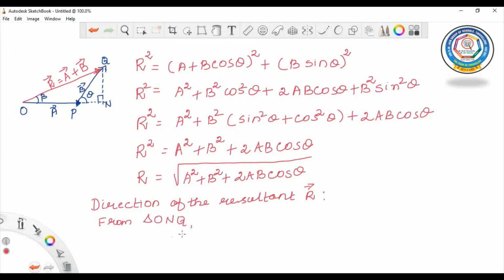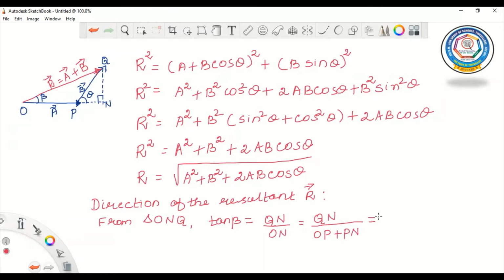What is tan beta? Tan beta is equal to QN divided by ON. Again we know that ON can be taken as OP plus PN.